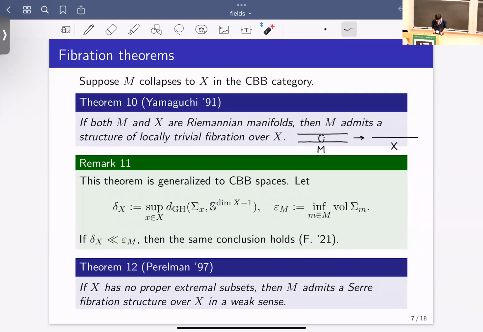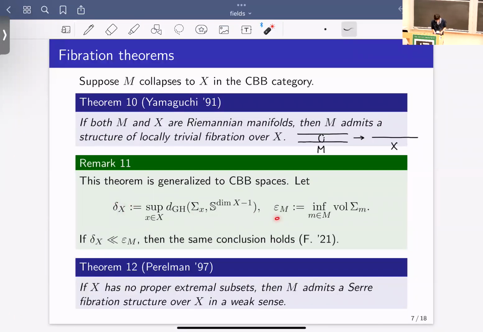And I'd like to point out that the assumptions on M and X have completely different meanings. Okay. So basically, you can remove the assumption on M, but not on X. So let me explain. Here is a generalization of this theorem to CBB spaces. Suppose M and X are CBB spaces, and let delta X be the supremum of the Gromov-Hausdorff distance between the space of directions of X and the unit sphere.